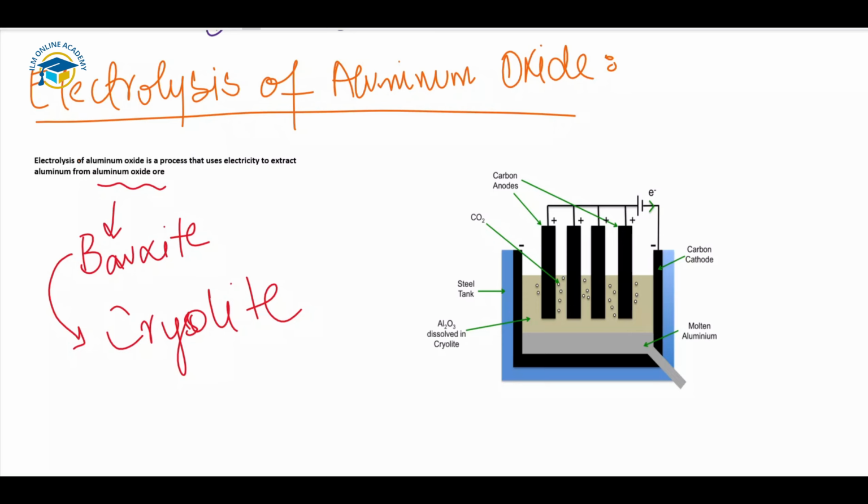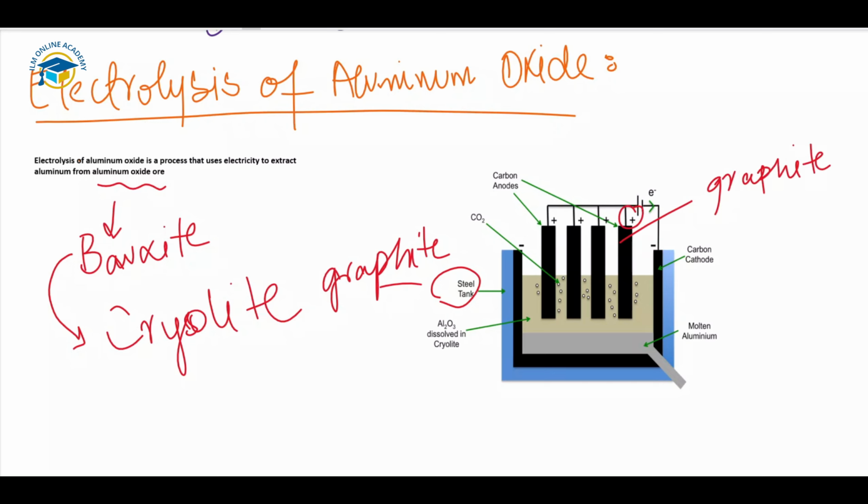You can see here on my screen, the mixture is placed in the steel electrolysis cell that is lined with graphite. This is the steel tank lined with graphite as an inert substance. The graphite lining acts as the negative electrode and the large graphite blocks act as the positive electrode. These are the large graphite electrodes that act as the anode.